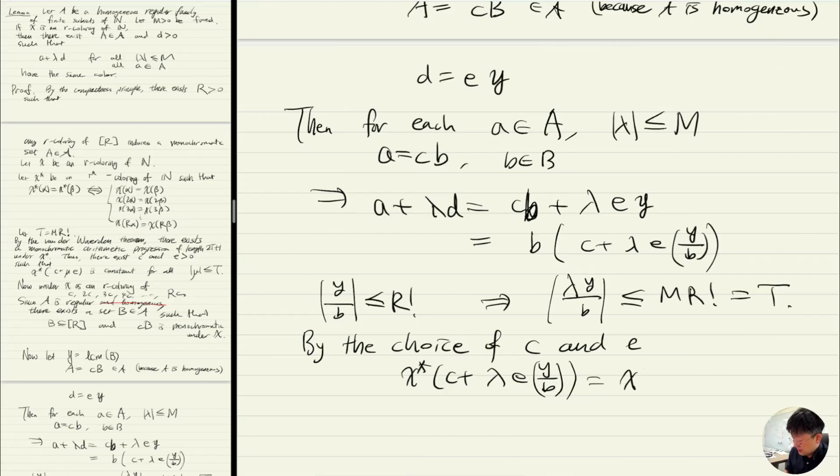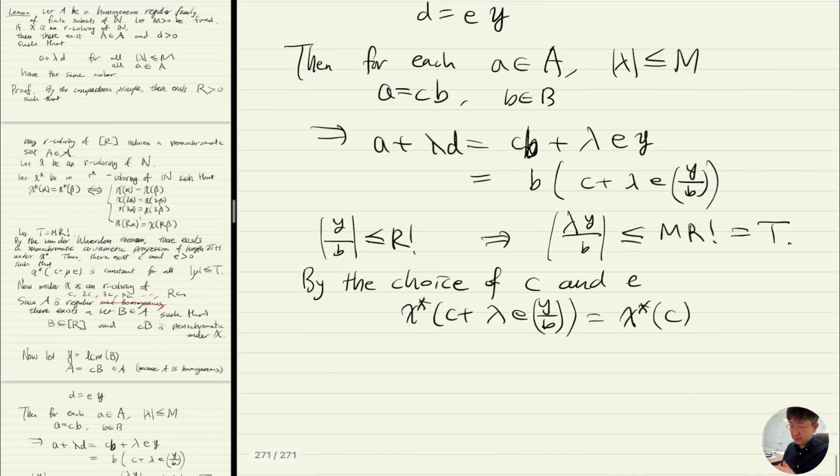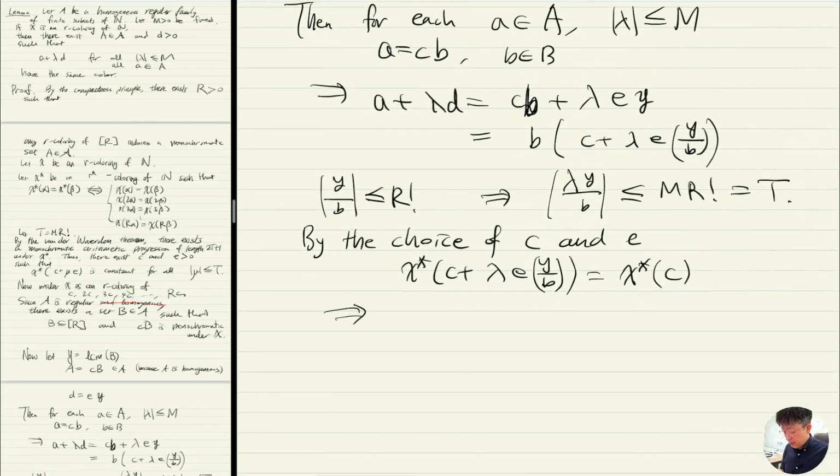This is equal to chi star of c, right? No matter how, like this mu is small, right? Mu is less than or equal to t, so therefore this is constant. So even if I put 0, it's gonna have the same value. So this implies, and now I can multiply by the same number and it's gonna be still the same.